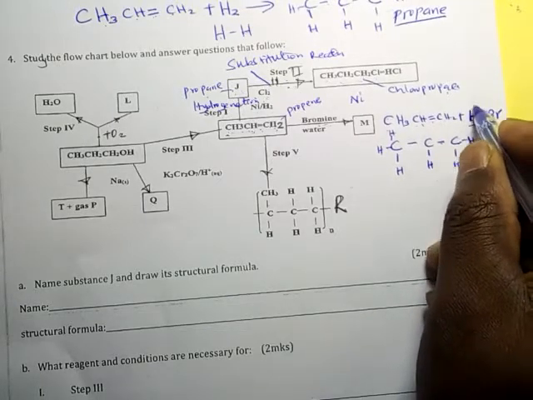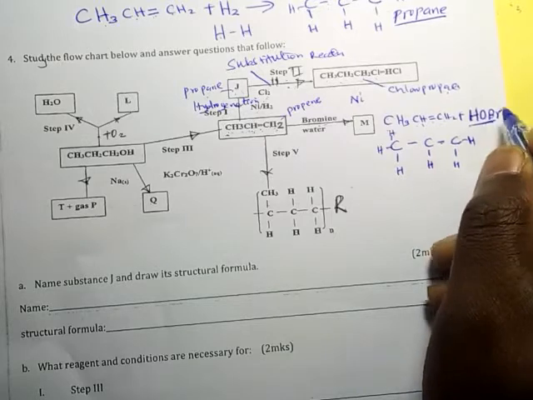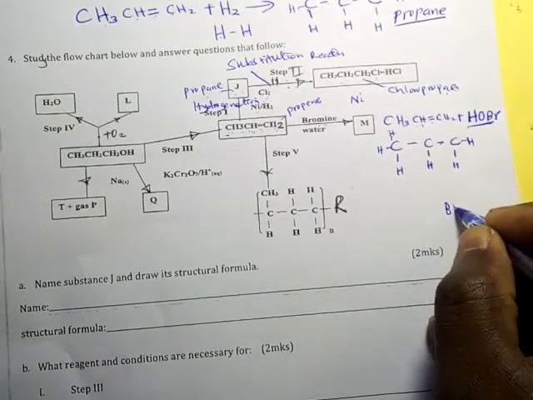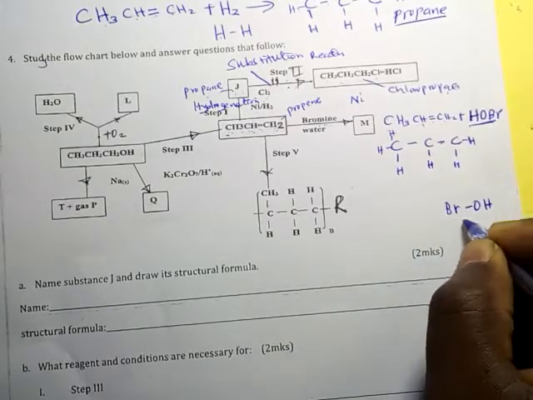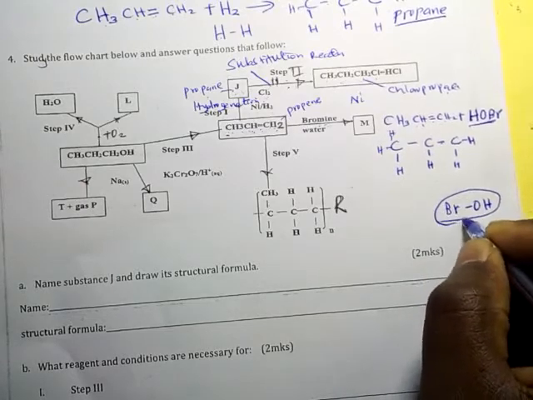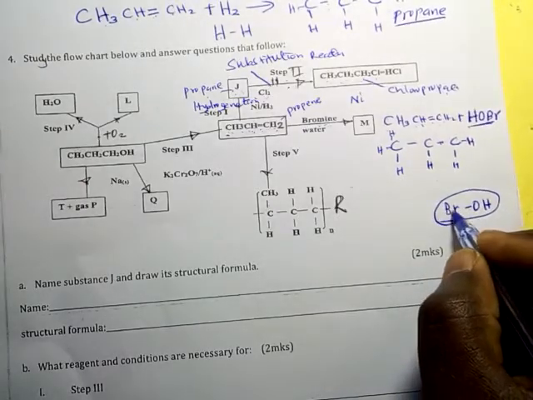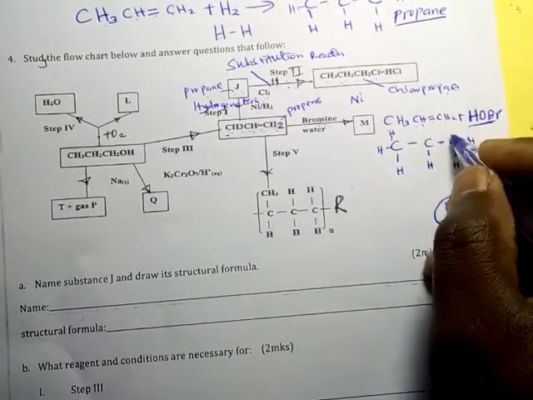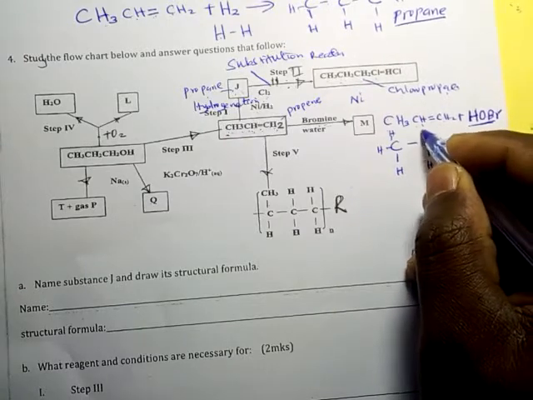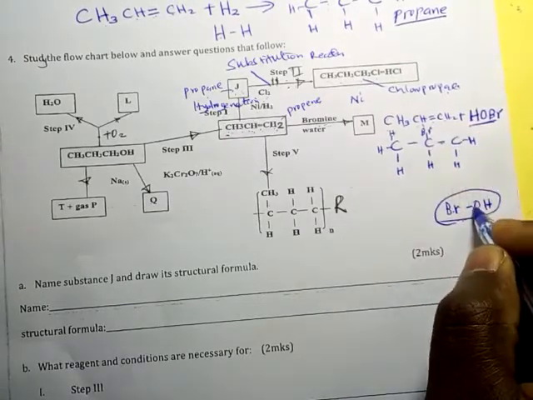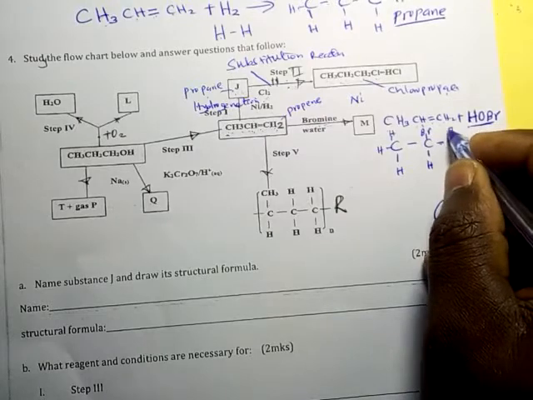So the bromine water breaks to form BrOH. This is how bromine bonds are broken. So the bromine attaches itself either here or here, and then the OH attaches itself here.